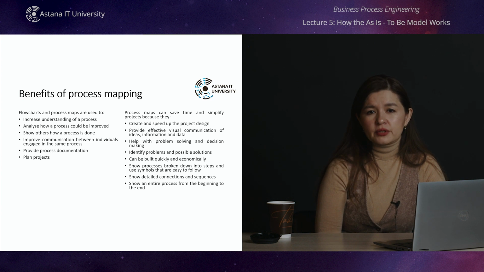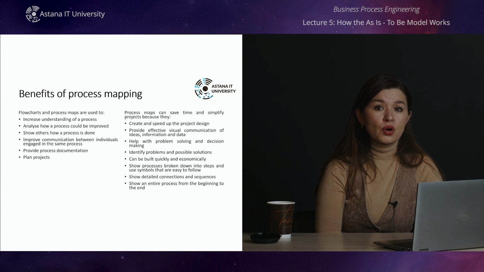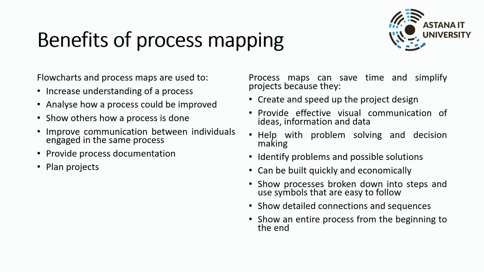Process mapping enables the use of visuals instead of extensive written directions to communicate complex processes. Visual communication is often more accessible and easily comprehensible. Process maps provide a quick and clear overview of the workflow, making it simpler for stakeholders to grasp the details without the need for lengthy documentation.